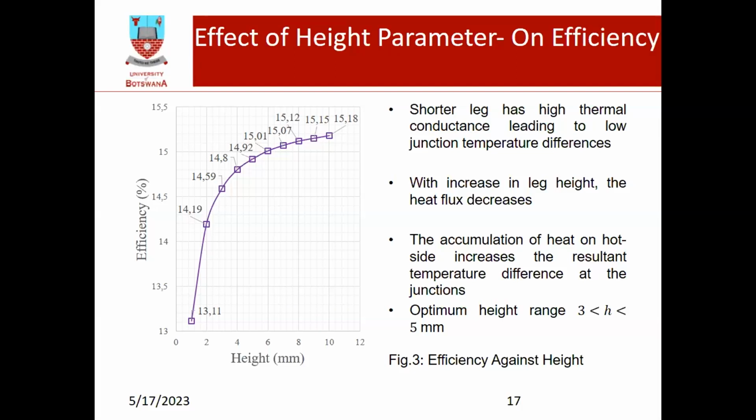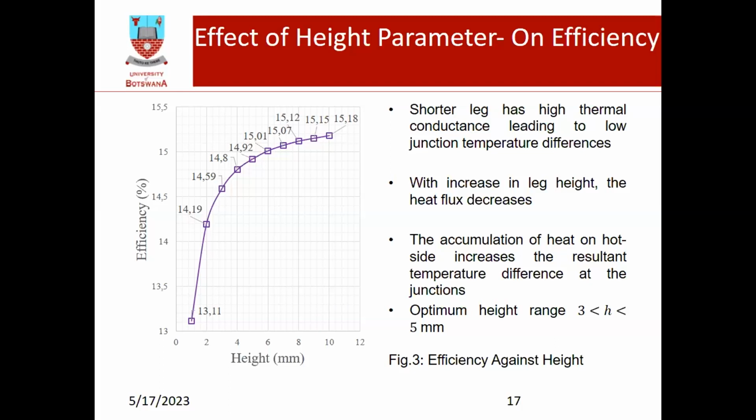The shorter leg length has high thermal conductance, which leads to low junction temperature differences. A low junction temperature difference means you have low heat fluxes. Low heat fluxes result in low efficiency.